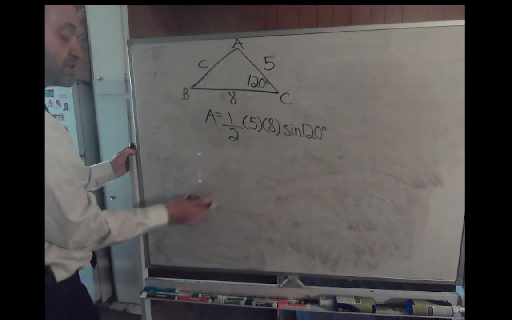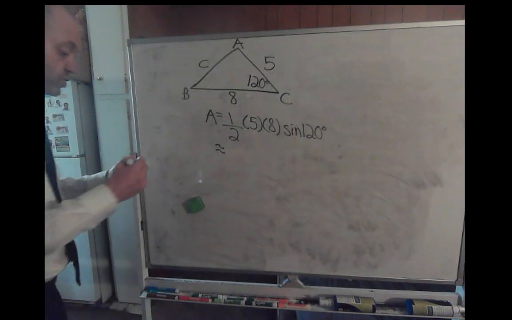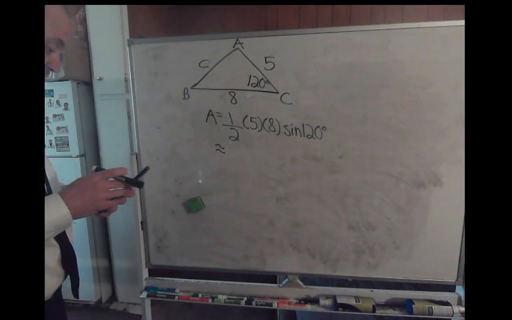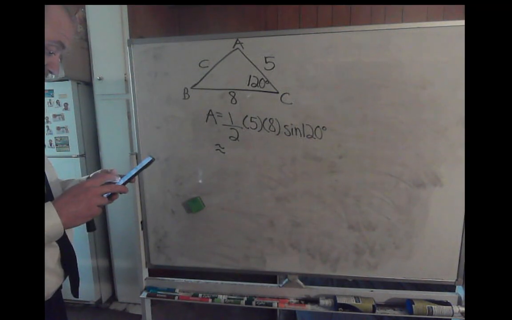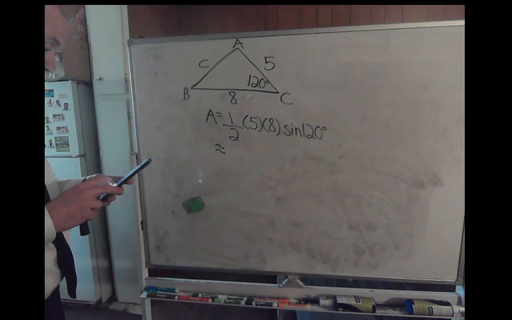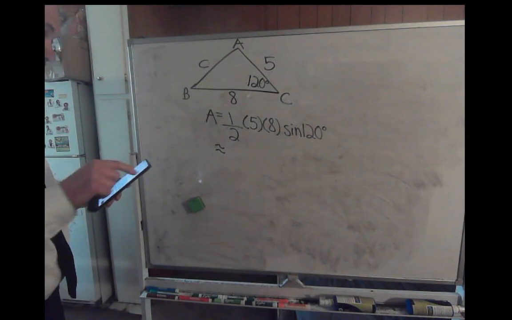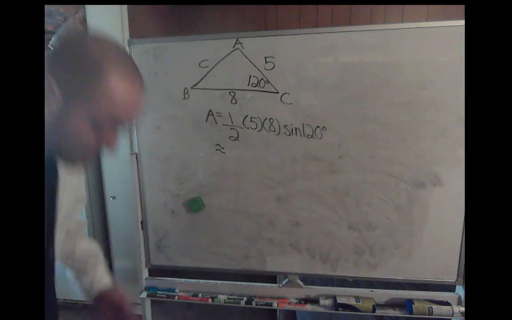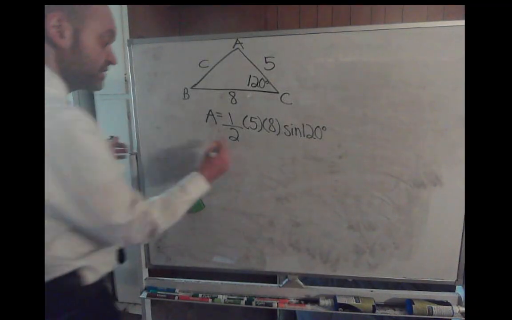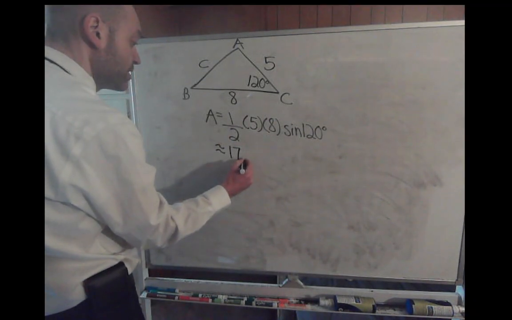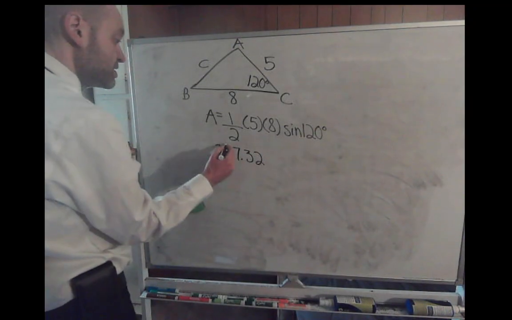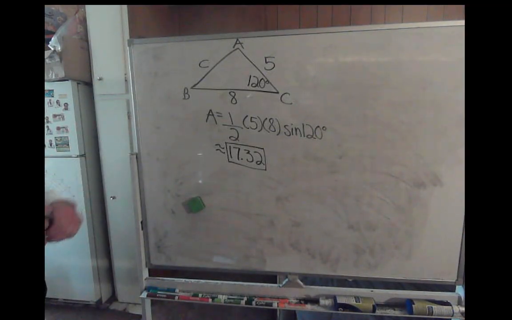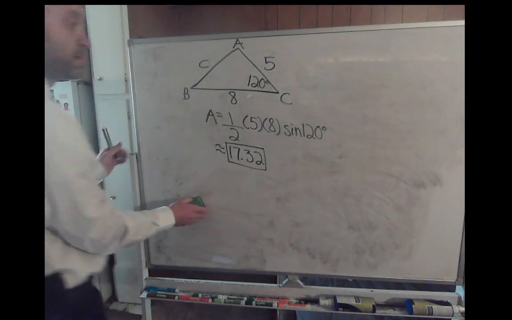Then we get a two decimal place approximation, and you get an area of approximately 17.32 square units.